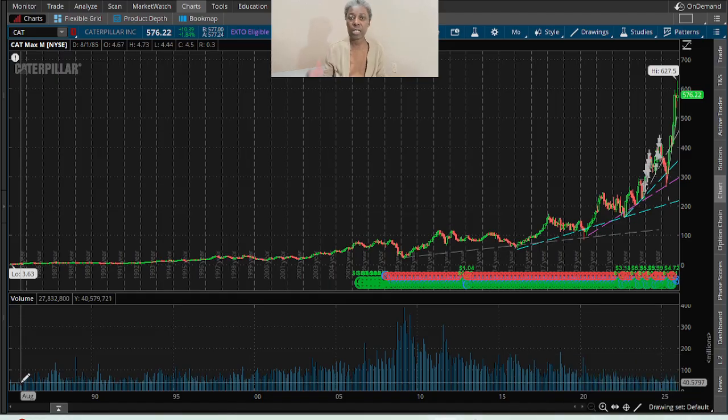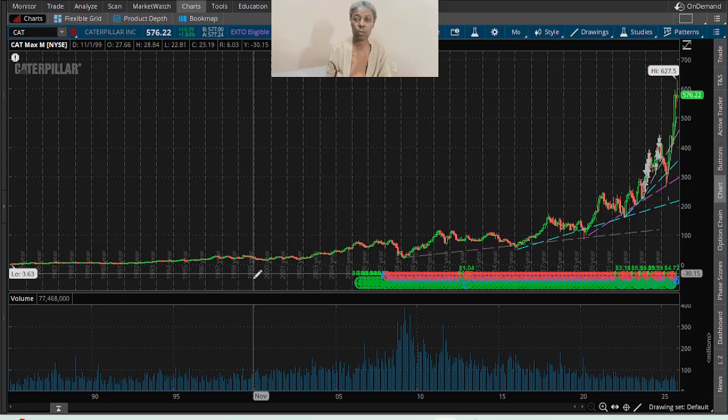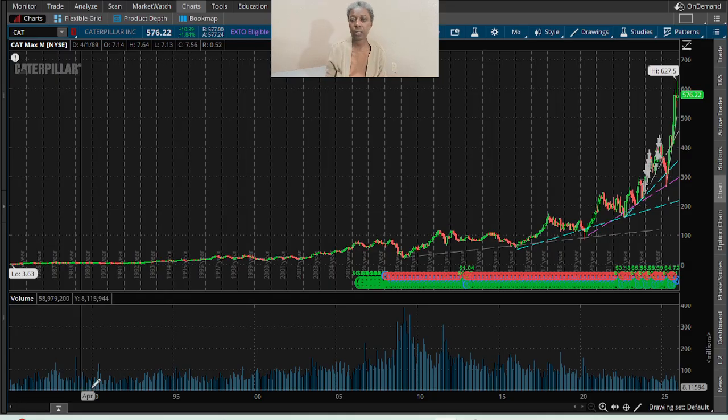We are using Thinkorswim platform here, and I noticed that Thinkorswim shows fewer years than Schwab, but still can show you a good number of years.